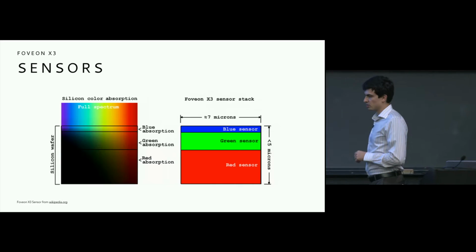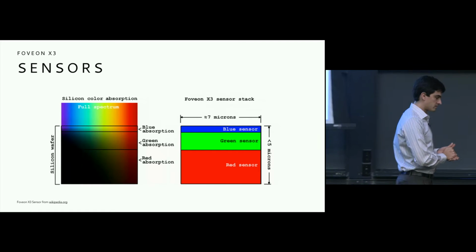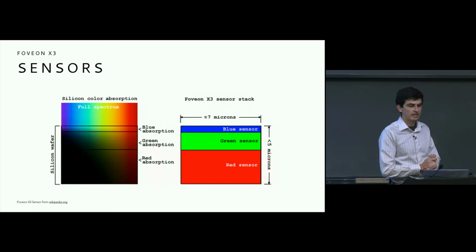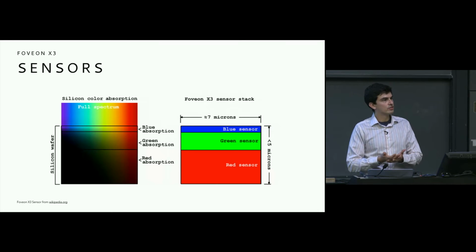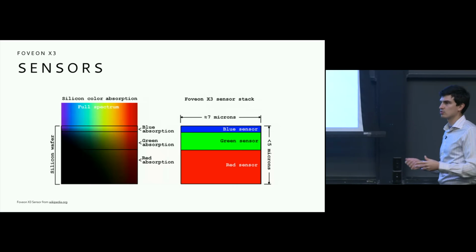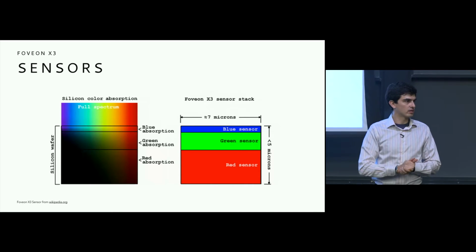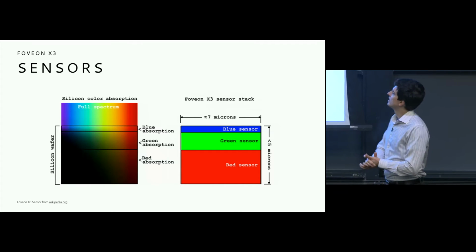But there's another method as well, and that is a sensor called the Foveon sensor, which uses the absorption of wavelengths of light in silicon to spread out these wavelengths and record different intensities of light depending on the wavelength, depending on how far down inside the silicon it actually goes.